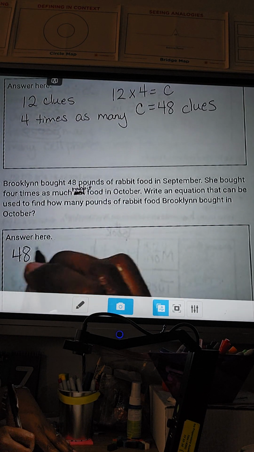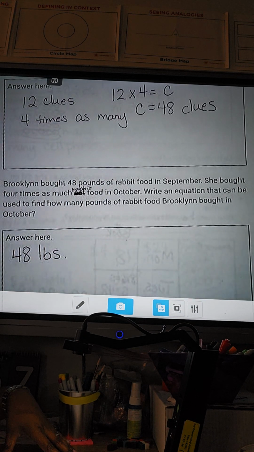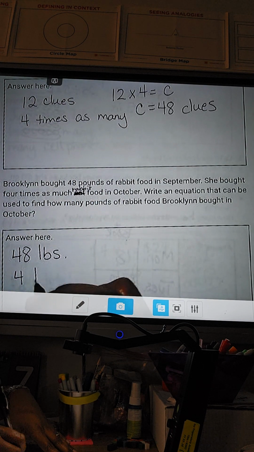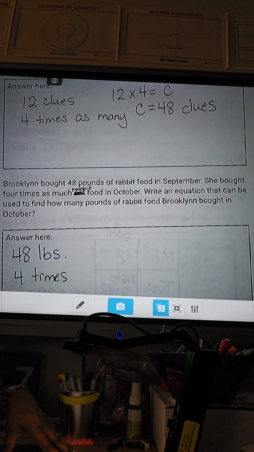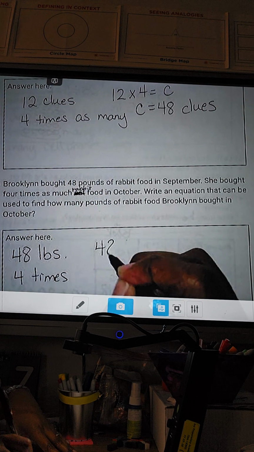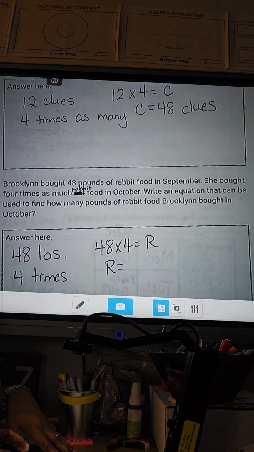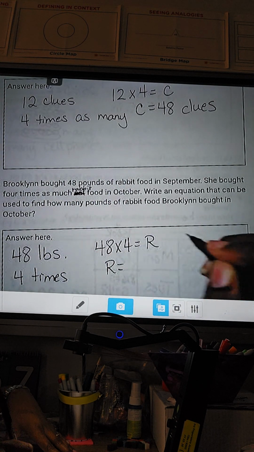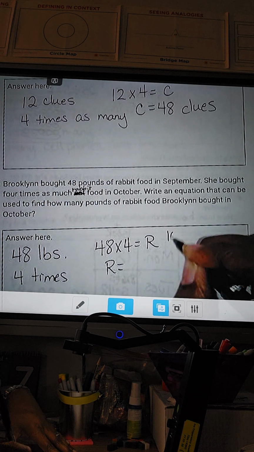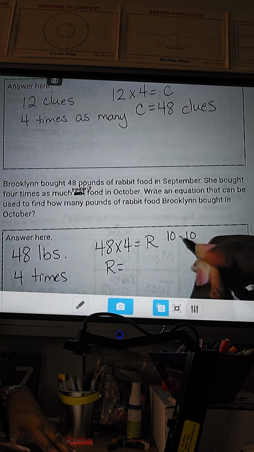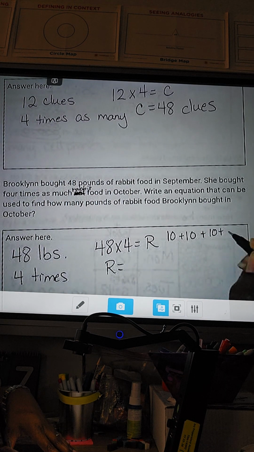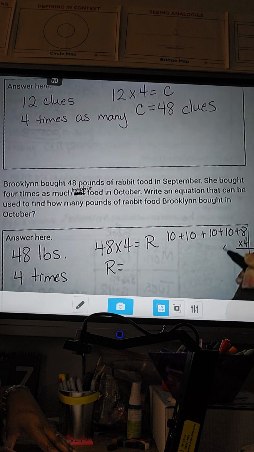Brooklyn bought 48 pounds in September, and then she bought 4 times as much in October. So I know that 48 times 4 equals my answer. But how do I find 48 times 4? Well, I know that I could split 48 into pieces. I could say 10 plus 10 plus 10 plus 10 plus 8 and multiply each by 4.